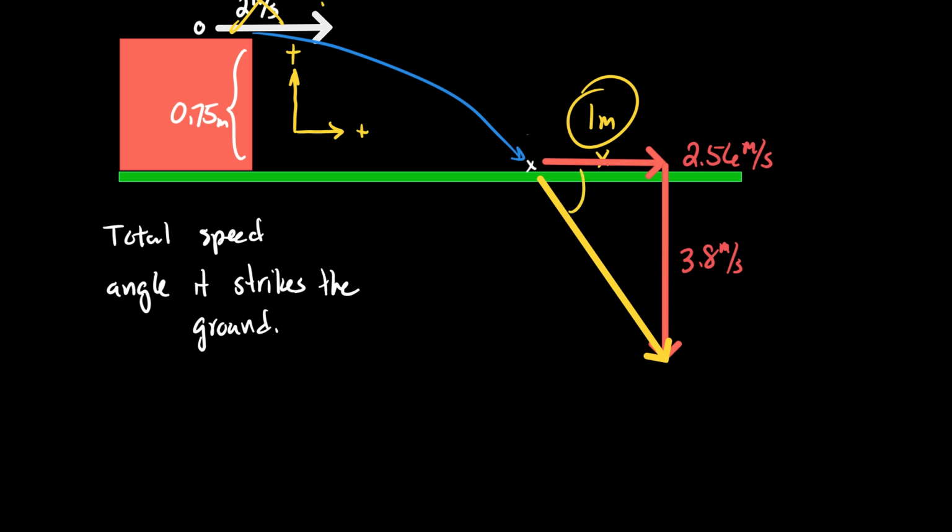This angle will be the angle that it strikes the ground. And this arrow, which you probably get from Pythagorean theorem, will be the total speed that it strikes the ground. So when asked to find the total speed, you need Vy final and you need Vx.